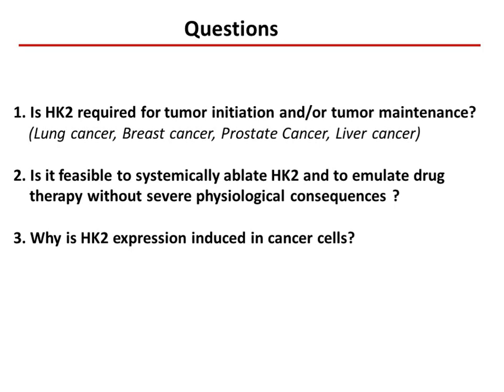The second question is, is it feasible to systemically ablate hexokinase 2 and to emulate drug therapy without severe physiological consequences? This is an important question because in mice, the germline deletion of hexokinase 2 is embryonic lethal. And third, why is hexokinase 2 expression induced in cancer cells?